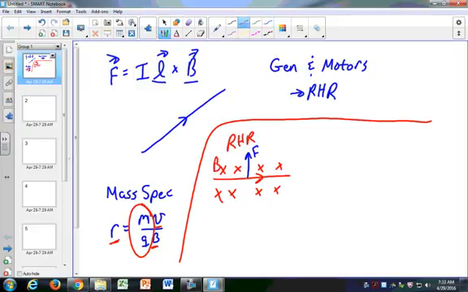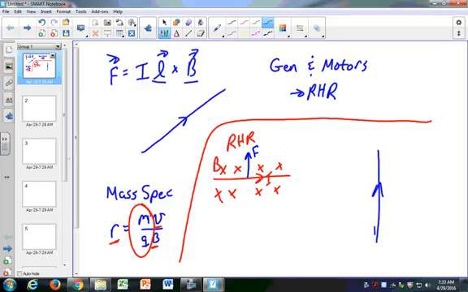This is B, this is I in the wire, and then we also had another right-hand rule where if I have a wire with a current going through it, what does the magnetic field do to that wire? I let my thumb go in the direction of the current, like this, and then my fingers wrap around the wire and give me the direction of the magnetic field.